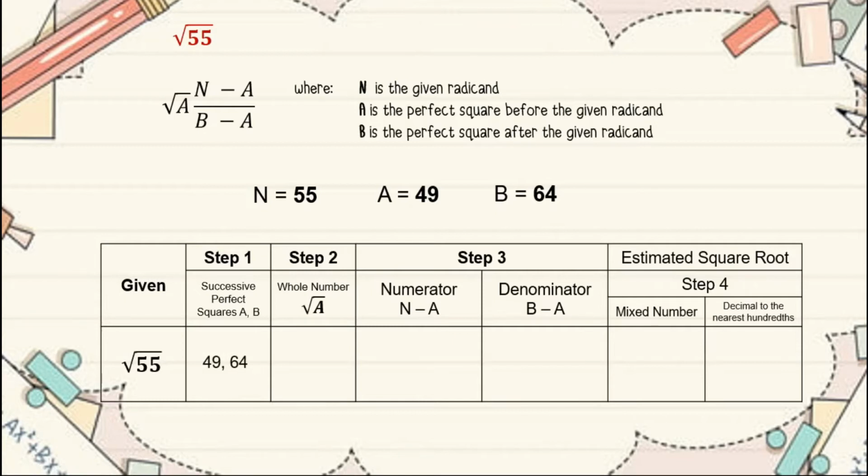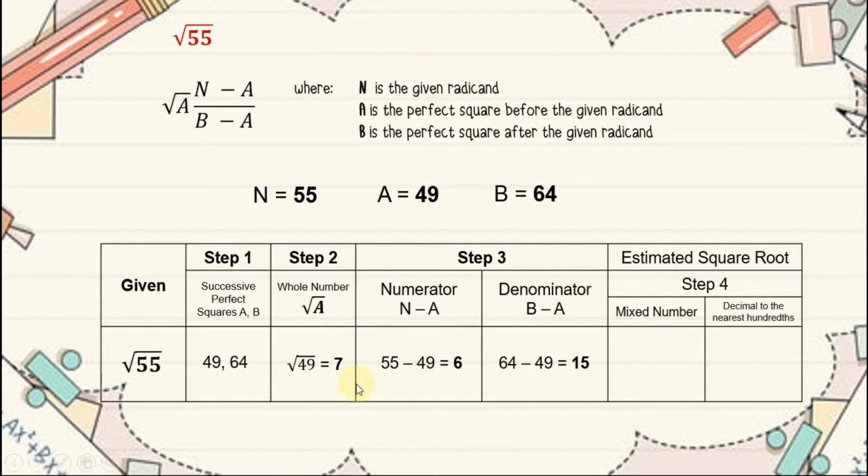Step number 2, let's find the square root of our A, which is 49, and that is 7. For the numerator, N, which is 55, minus A, which is 49, we're going to have 6. For the denominator, we have 64 minus 49, which is equal to 15.